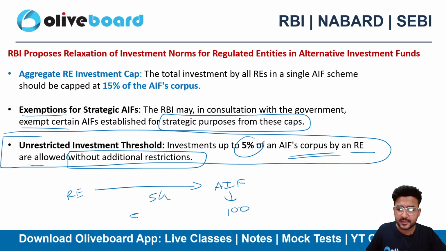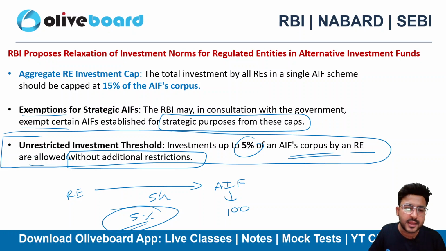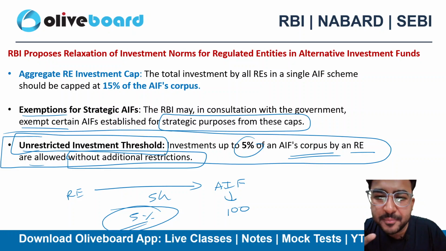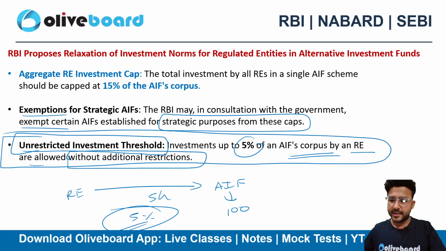So I can say that they have invested only up to 5% of the AIF corpus. That will come under the unrestricted investment threshold. There is no restriction on this amount, right? No conditions to be followed. You can easily invest up to 5% of the AIF corpus, right? If you are a regulated entity.